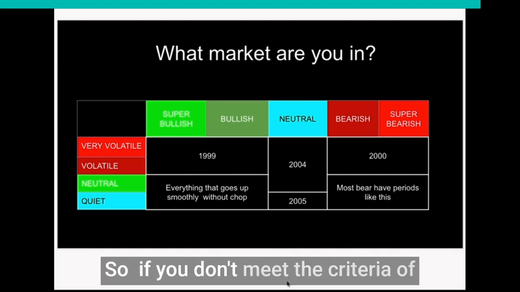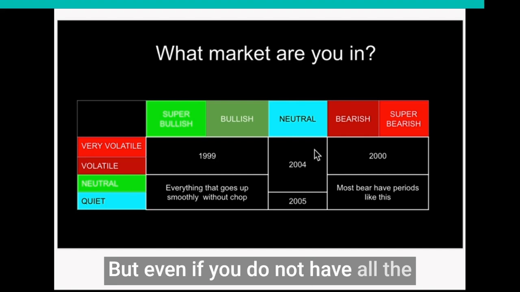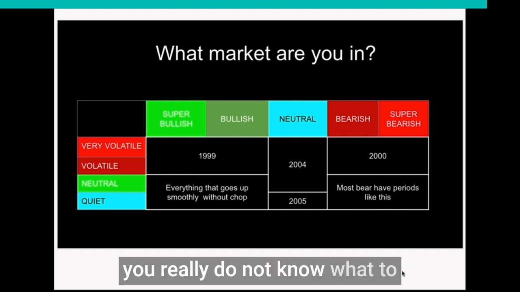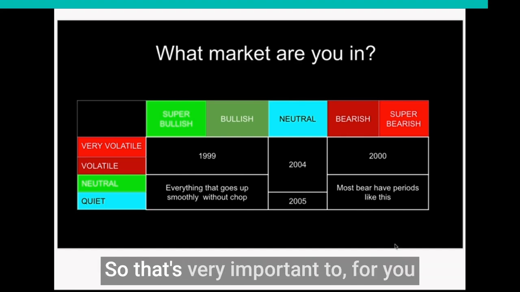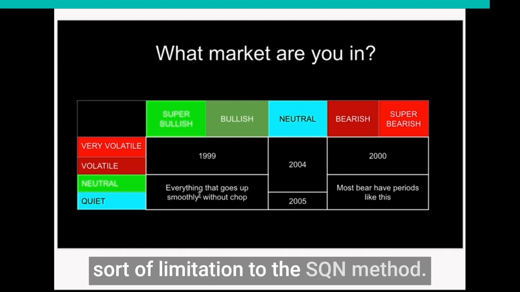So if you don't meet the criteria of your easy dollar environment, then you ought to be very risk averse. But even if you do not have all the data for every single cell here, then you really do not know what to expect from your trading system. So that's very important for you to understand. This is again some sort of a limitation to the SQN method.